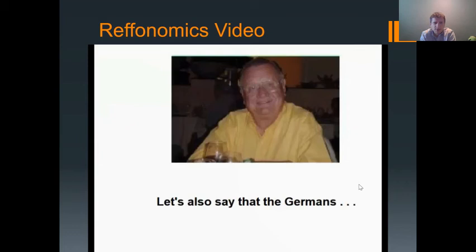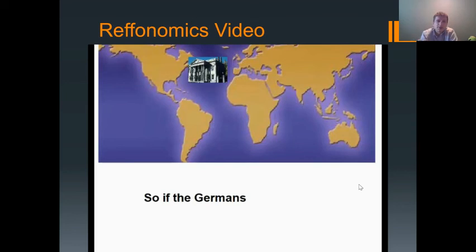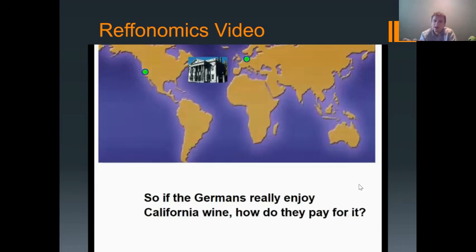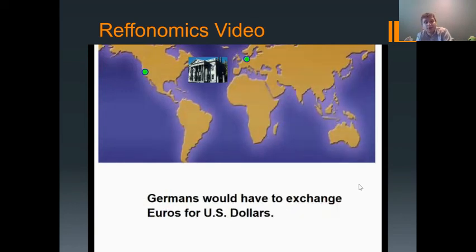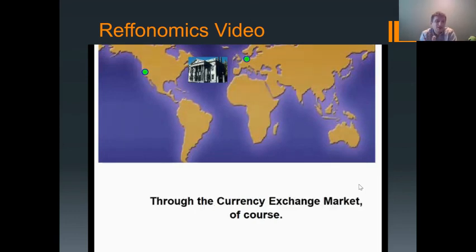Now, the Germans, represented by this gentleman, really like California wine for some reason. If the Germans really enjoy that California wine, how do they pay for it? They need to exchange their euros for US dollars. So how do they do this? Using the currency exchange market, which is in that bank.